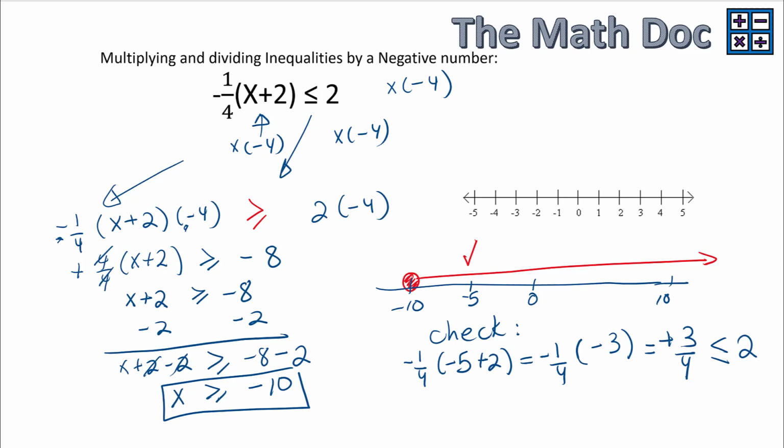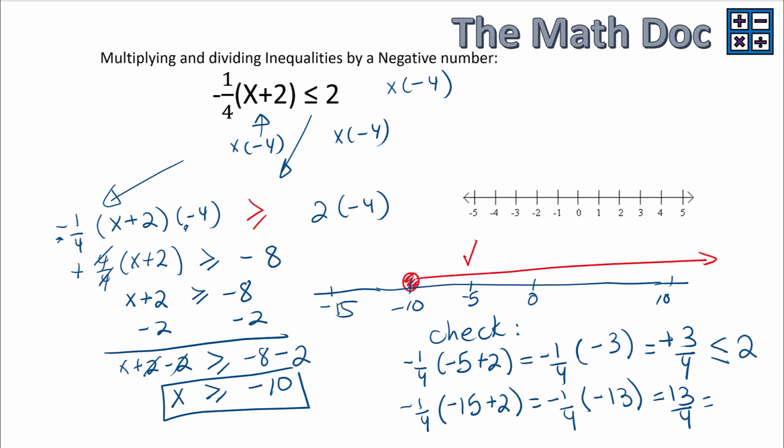Let's also look at a number on the other side. Let's look at negative 15, okay? So we have negative quarter times negative 15 plus 2. That just equals negative 4 times negative 15 plus 2 is just negative 13 equals 13/4, right? Now 13/4, let's reduce this.